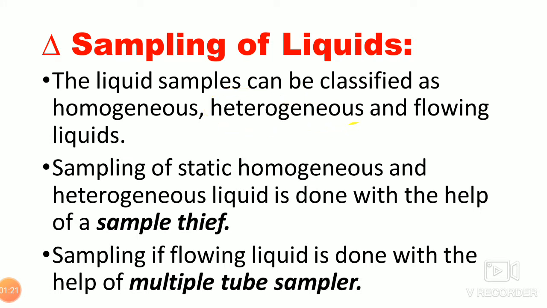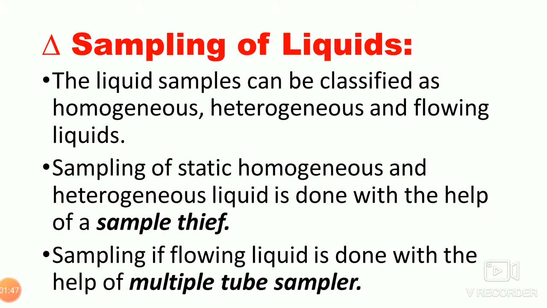That means when we see this liquid, we find two or more layers in it. Flowing liquids means our ordinary liquid that is going through a pipe. We are going to see these one by one in the next slides.